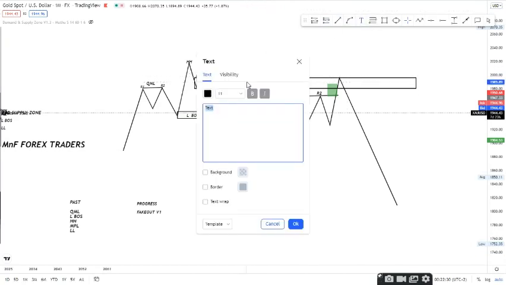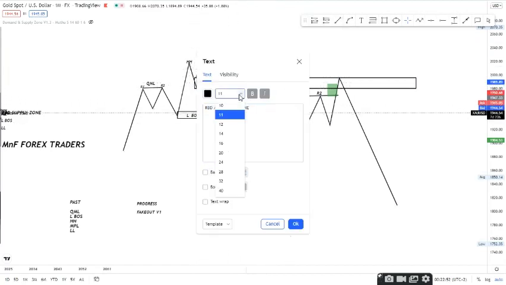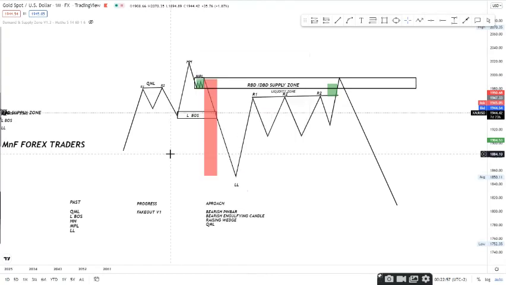Then this can be a rally base drop supply zone, or a drop base drop supply zone, depending on the kind of presentation you have. If you're looking at it in a holistic way, you can call it a rally base drop. It all depends on how you look at it.